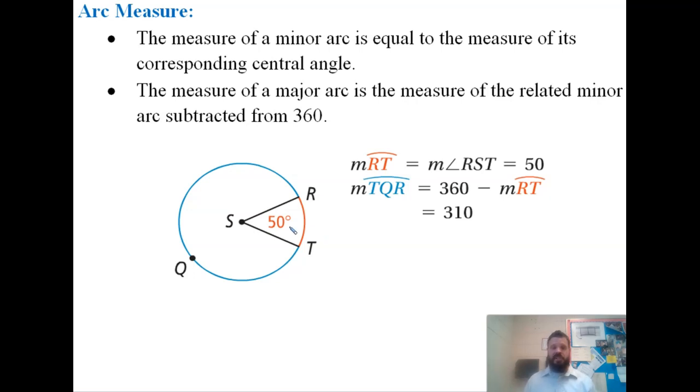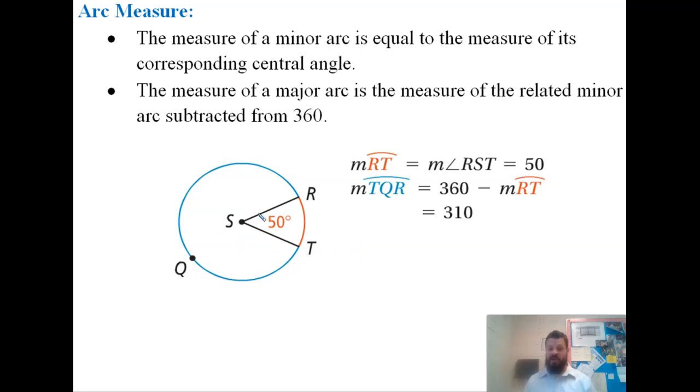So when we're talking about a central angle or the measure of the arc, we're really talking about the same thing. The arc measure just gives us a different way to think about how it relates to the circle. All right, so that's it for minor arcs. For major arcs then, we'll say the measure of a major arc is the measure of the related minor arc subtracted from 360. In this course, we actually haven't talked about angles that are bigger than 180.